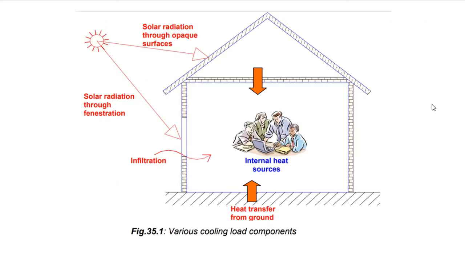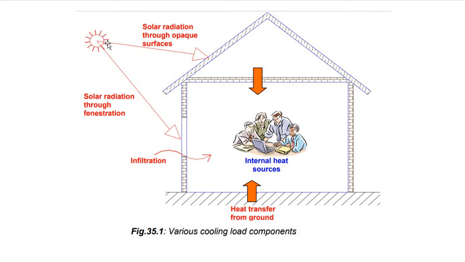You can see this figure. It shows a house. This inside area we have to keep at a comfort condition, at a very low temperature. Inside we have occupants. Here in this figure they are using a laptop, and there will be some other appliances. There will be lights inside.